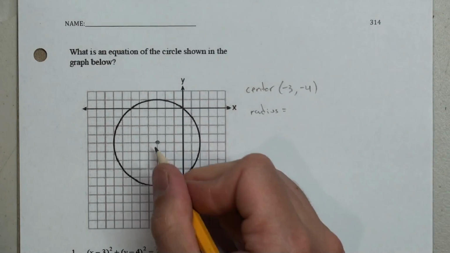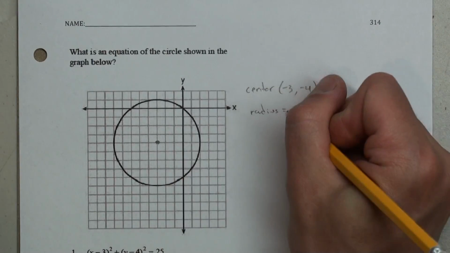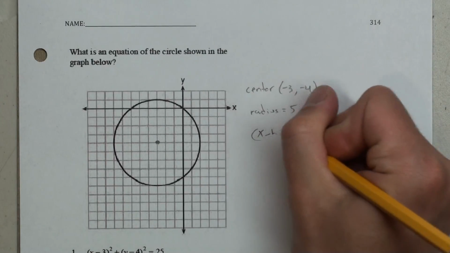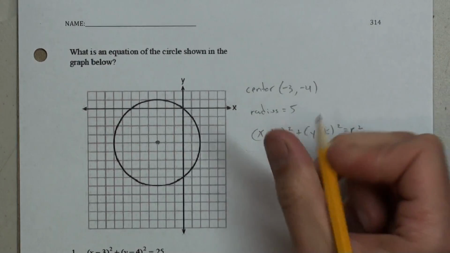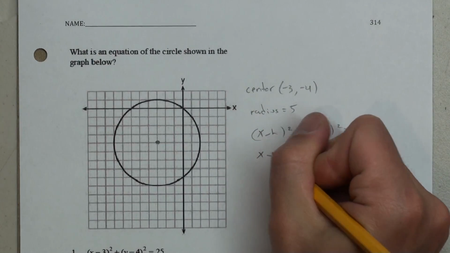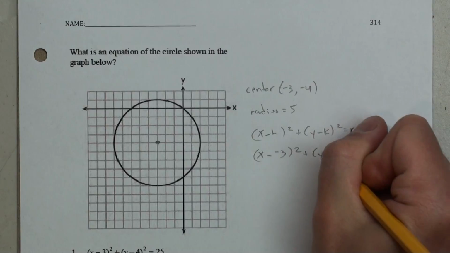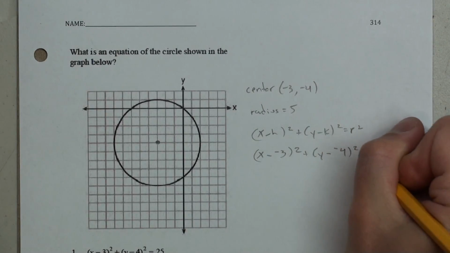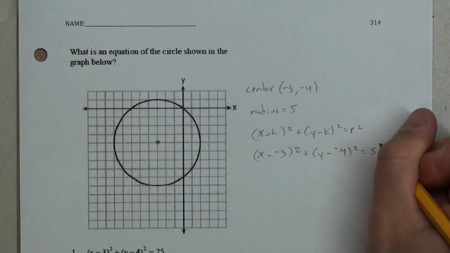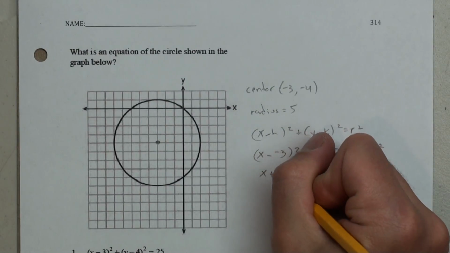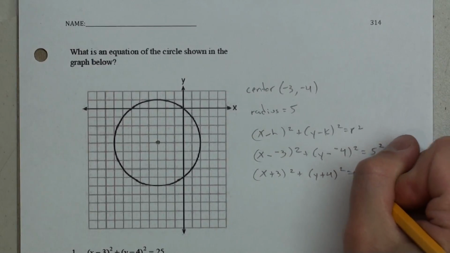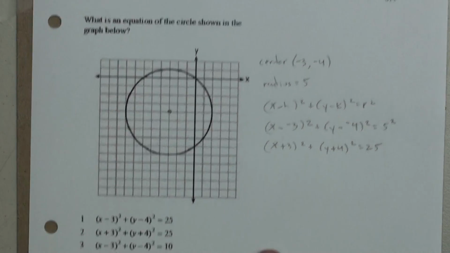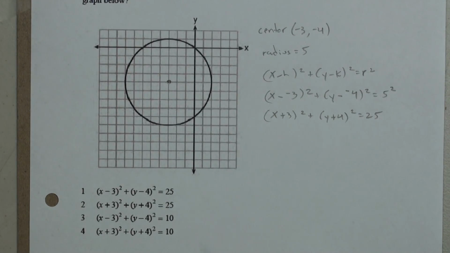And the radius is easy to pick out: 1, 2, 3, 4, 5. (x - h)^2 + (y - k)^2 = r^2. (x - (-3))^2 + (y - (-4))^2 = 5^2. So (x + 3)^2 + (y + 4)^2 = 25. Plus 3, plus 4, and 25. Choice 2.